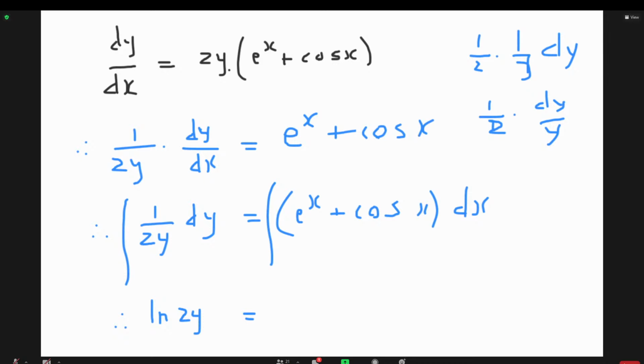All right, and this is e to the x. And the integral, of course, is sine plus c. All right. That's it. That is 4 marks.